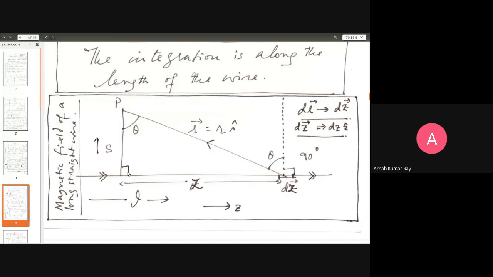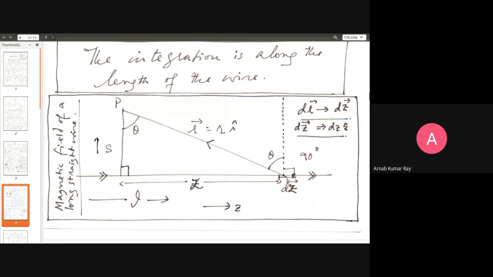So from the wire, the shortest distance to P is s, and s is perpendicular, shortest meaning perpendicular. Otherwise, your actual source line element is here, and this is the test point P, a radial displacement r away. But this is the shortest distance, this is s. s is fixed because point P is fixed with respect to the wire.